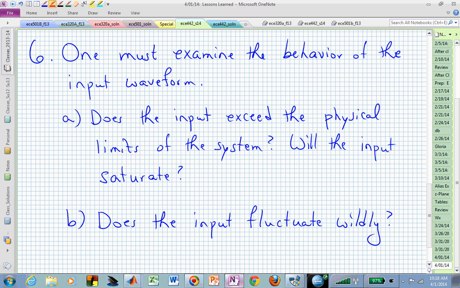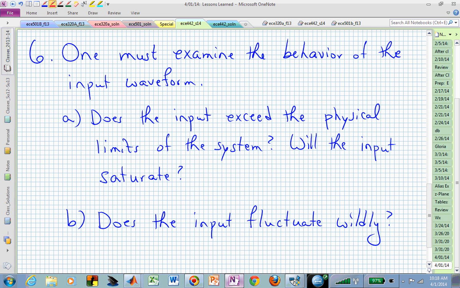And that large value is probably going to saturate our system, and if we hit the saturation limits, we're not going to be exciting our system with a magnitude of 1,000, but maybe a magnitude of 10, and that's not going to get us to the location that we were expecting, and that's going to make our response much slower than what we were expecting.